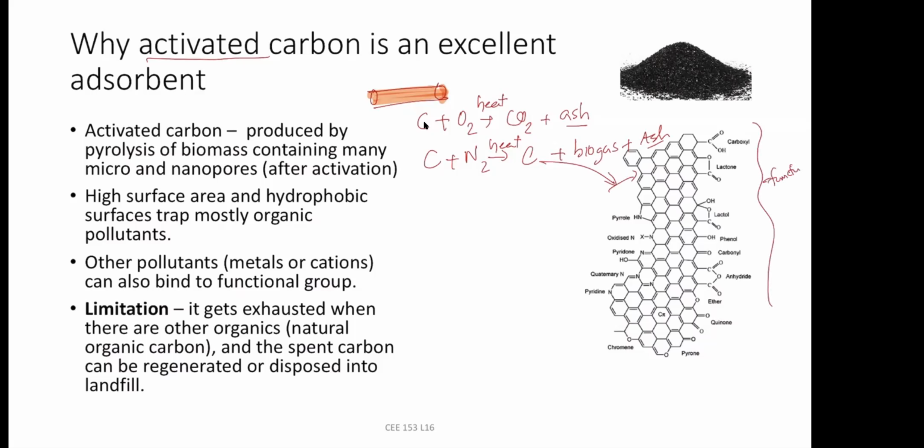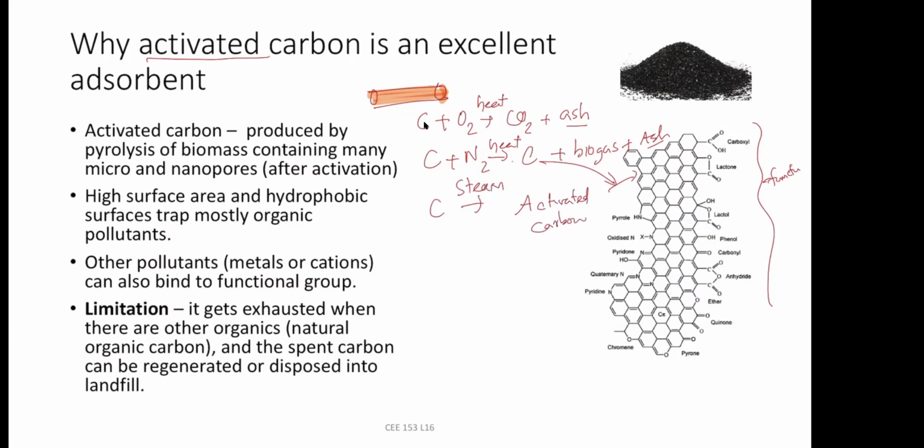And now what you do is, they do not have high surface area, because when you burn, they are stuck inside the pores and all that. So now what you do is you apply steam on it, high temperature steam, so that you can open up those pores. So if you take this carbon, I'm just going to take carbon and steam. It is called activated carbon. There are multiple ways.